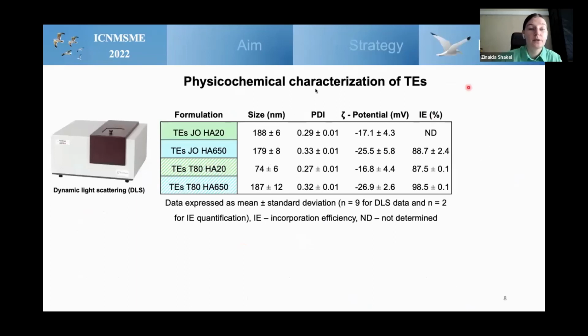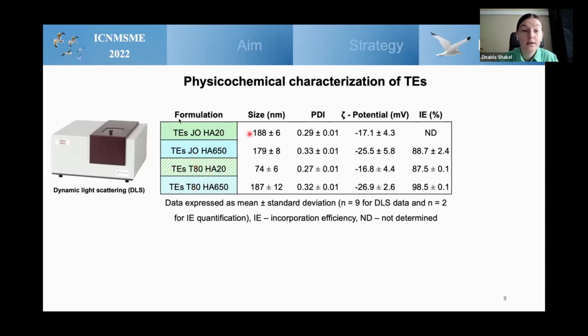Here you can see some results which we obtained by dynamic light scattering. We chose, as I told before, two types of hyaluronic acid, small molecular mass, the green one, and the bigger molecular mass, the blue one, and also jojoba oil and Tween 80 as an edge activator.